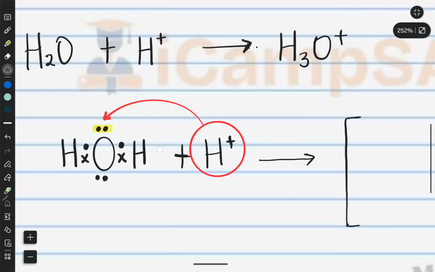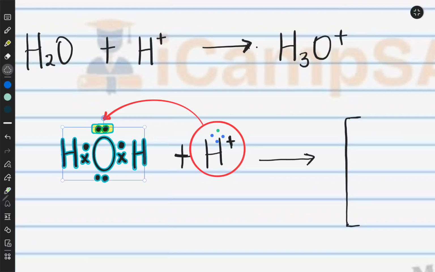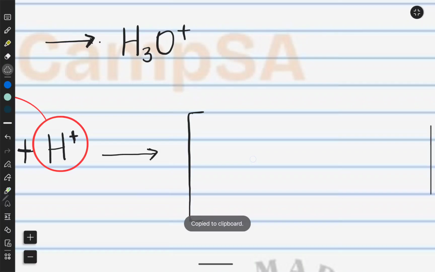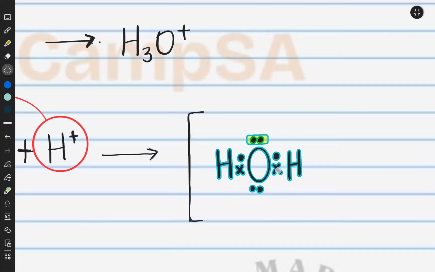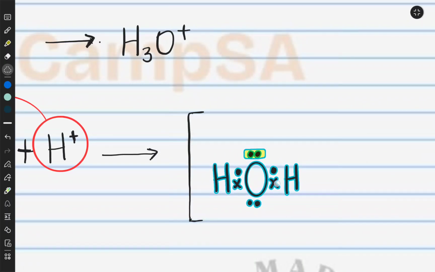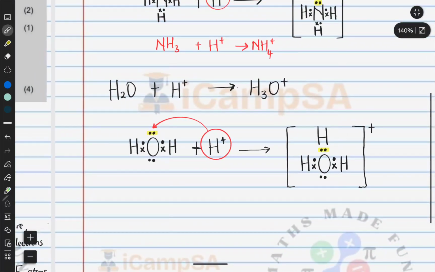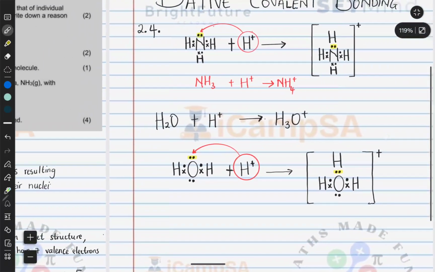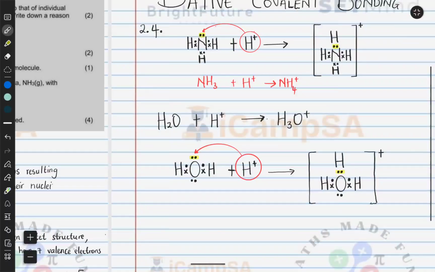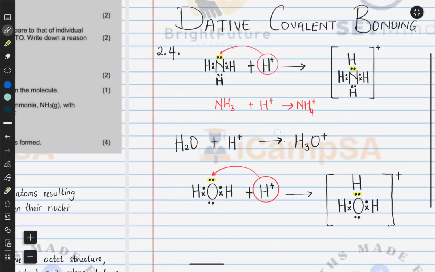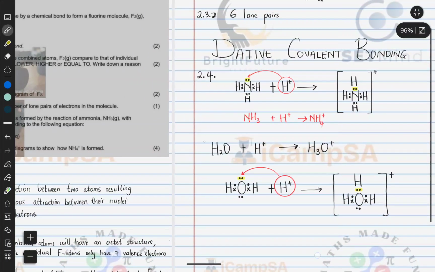We have our water there, and then our extra hydrogen now, and then we put the plus outside the brackets. So this is in essence what dative covalent bonding would look like.